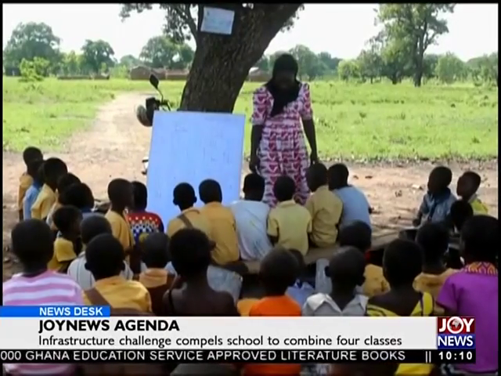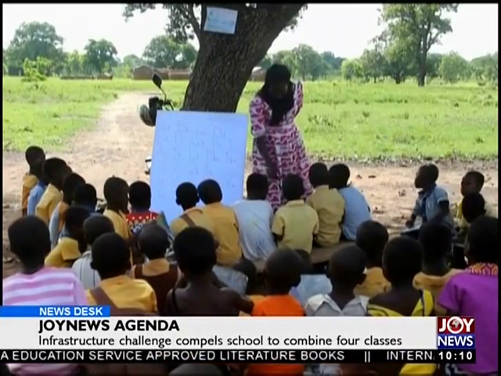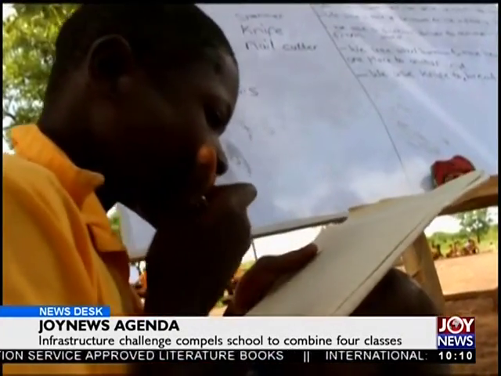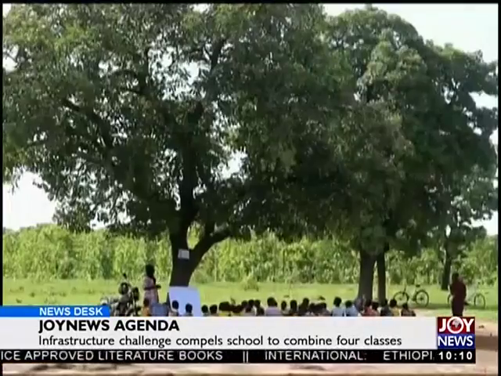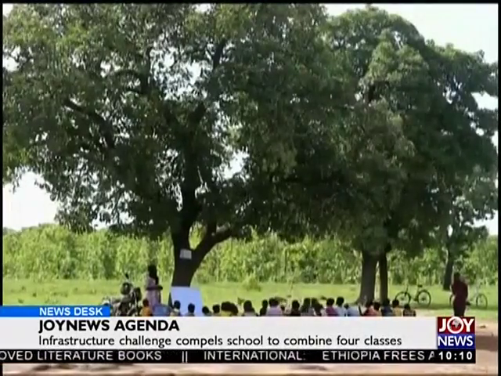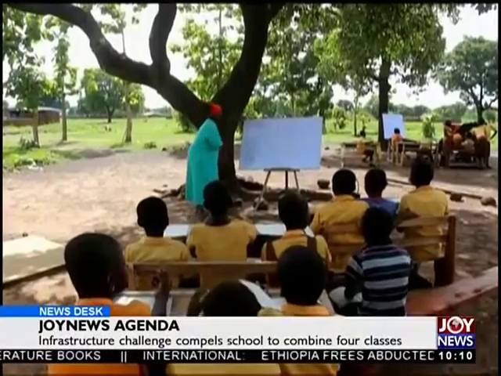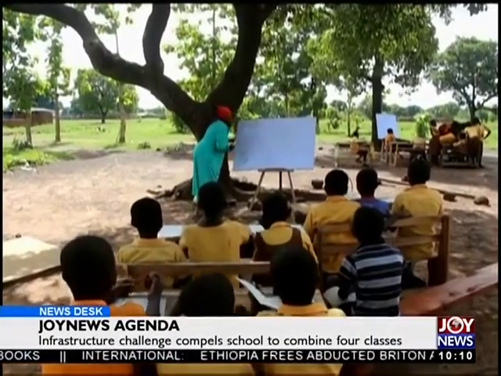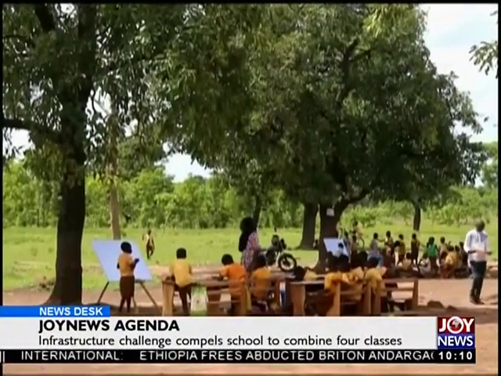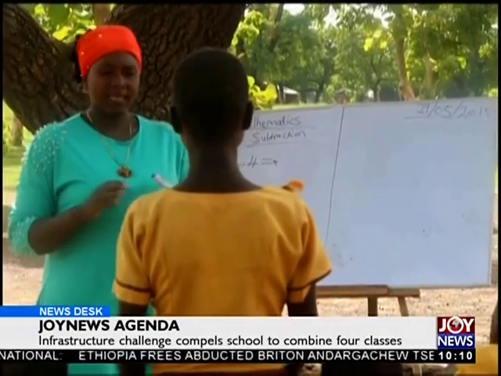The case of pupils in the lower primary is different from that of their senior colleagues at the school. They rely on the shade of trees here for their studies. The number of instructional hours at the school depends on the movement of the sun. Yakubu Mariam teaches class 1. Sometimes we will be teaching while some of them are praying.